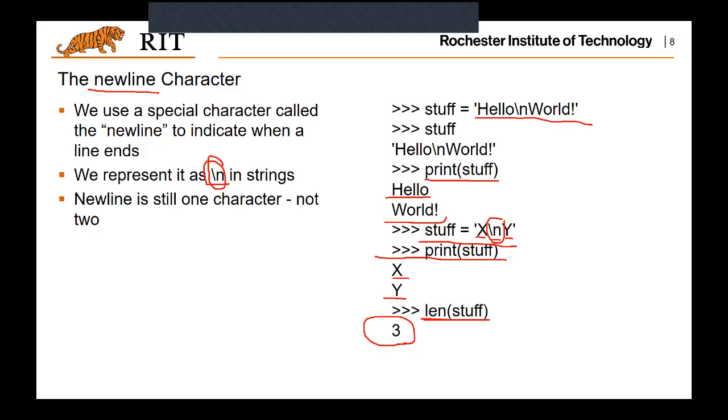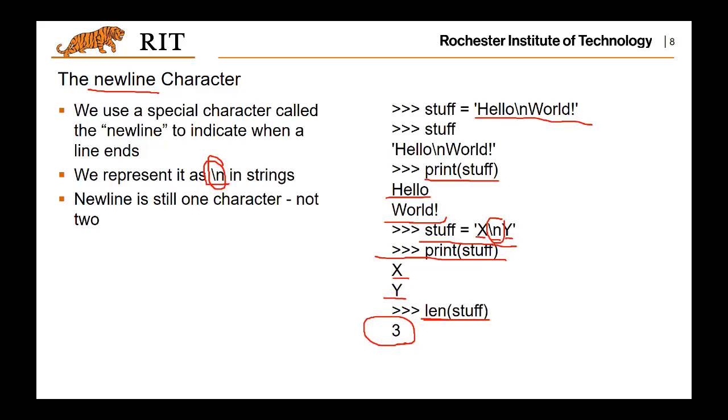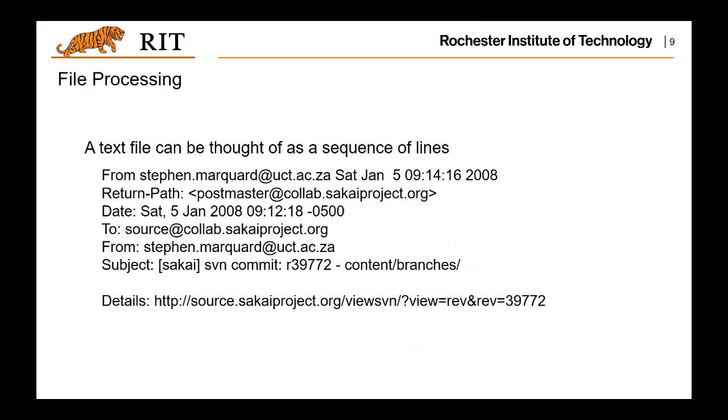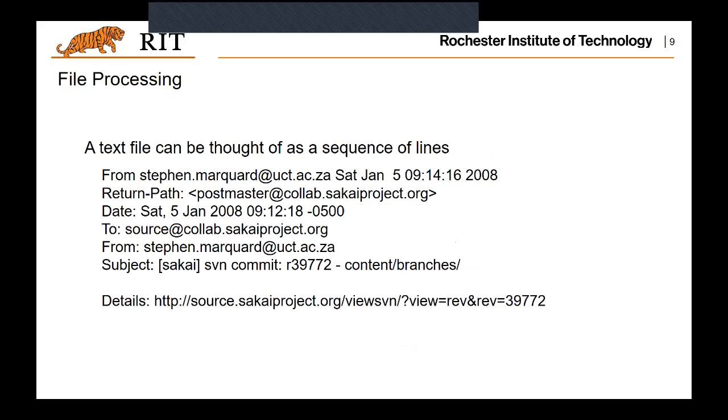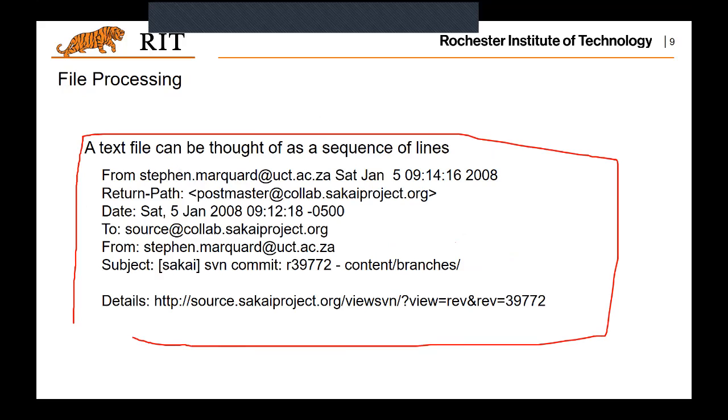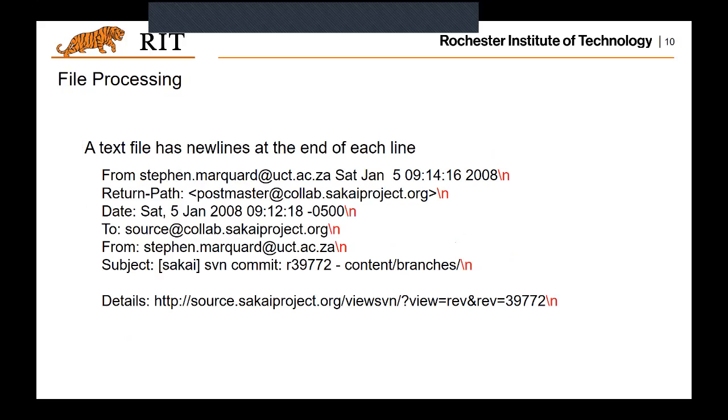And in files, it's very important. You will see in a lot of cases, there is a new line character. So if we go back to the original file, in many cases the text file actually has new lines at the end of each line.